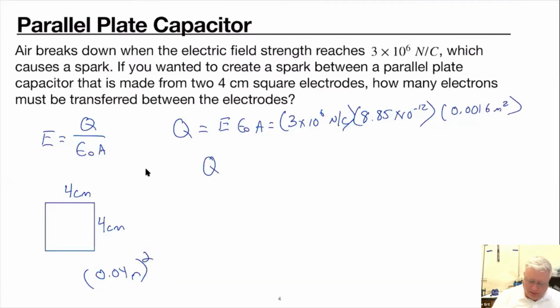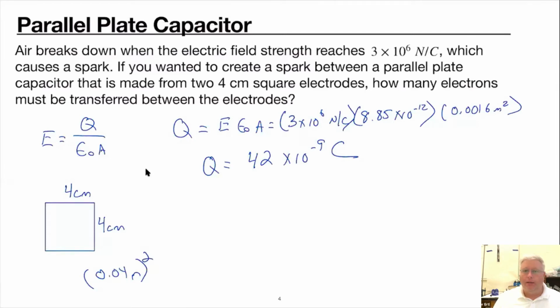Then that total charge, when we do that all out, I get about 42 nanocoulombs. So that's the total charge that's required to create this spark.